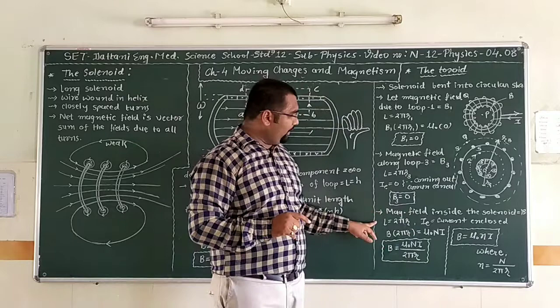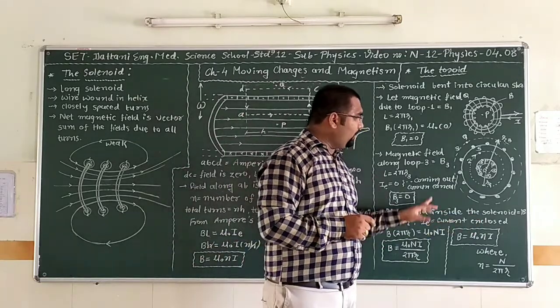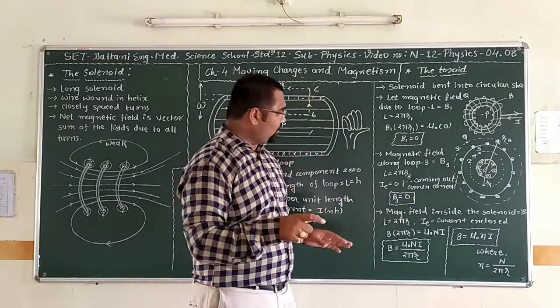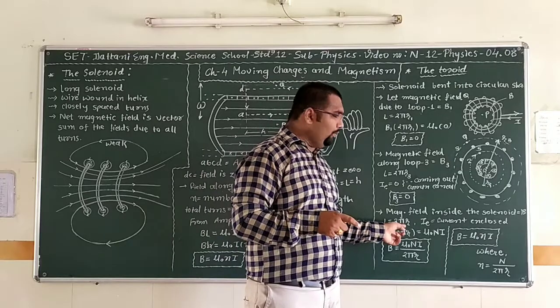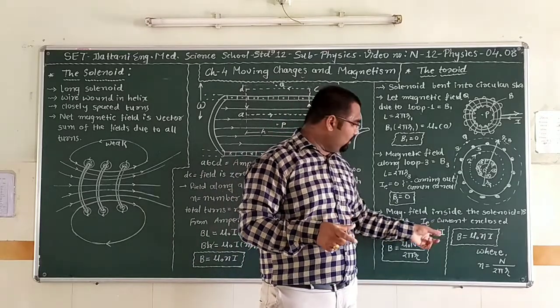Now the remaining loop is loop number 2. Suppose the magnetic field inside the toroid is B, the length of the loop is 2 pi R, and I is the current enclosed by the loop.